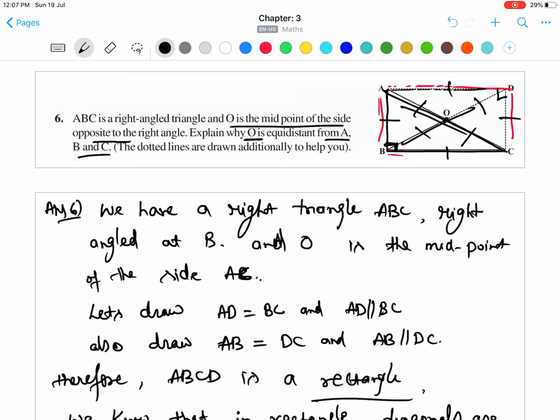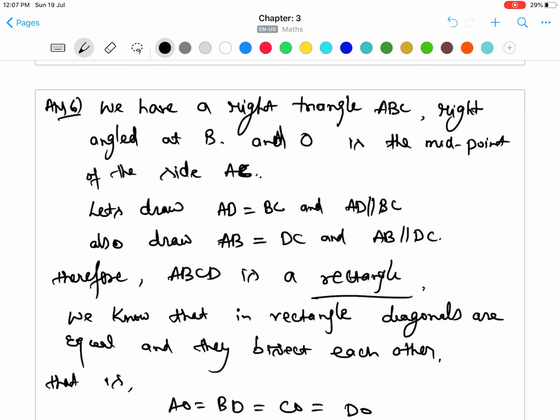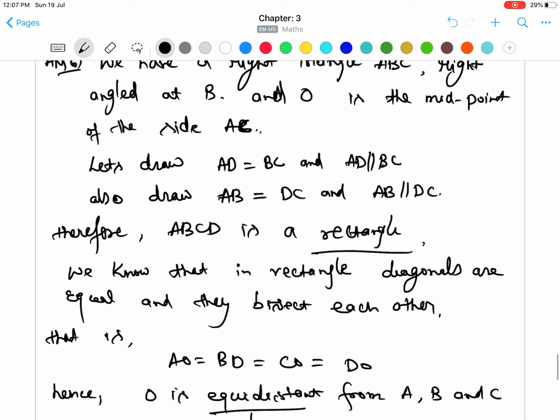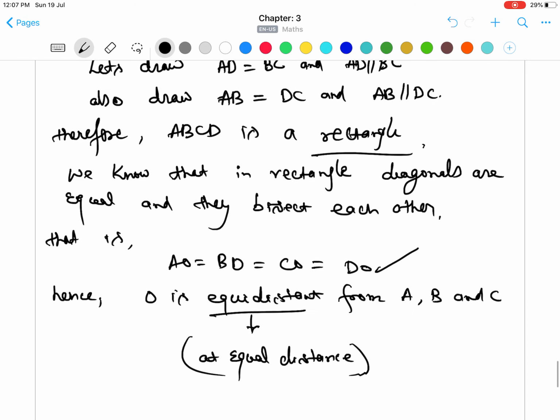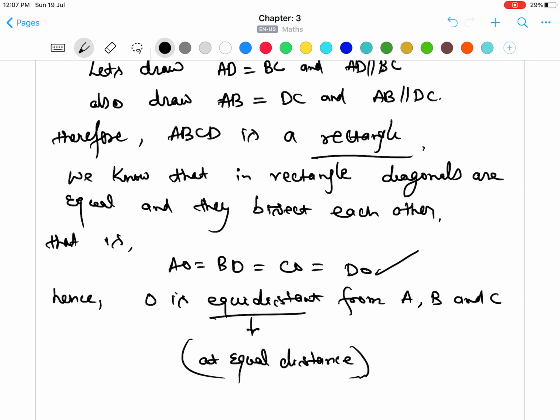What we did is we drew these two sides AD and DC, which are parallel and equal to their opposite sides. Hence ABCD is a rectangle, and we know that in a rectangle the diagonals are equal and they bisect each other. That means AO equals BO equals CO equals DO. Hence the point O is equidistant from A, B and C.